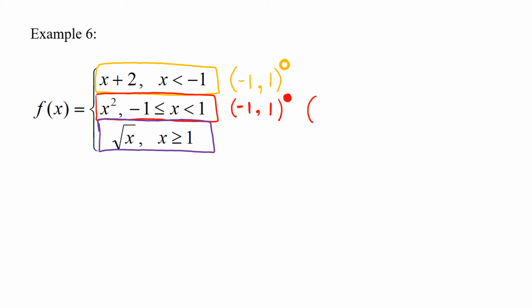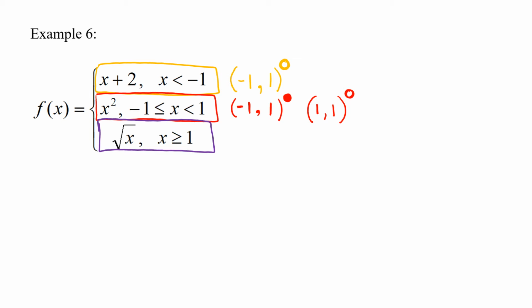So let's look at what this x squared is doing or approaching as x is approaching 1. When we input 1 into x squared, our output is also 1. But here we have just a less than symbol, so we have an open circle for this piece at the point 1, 1.